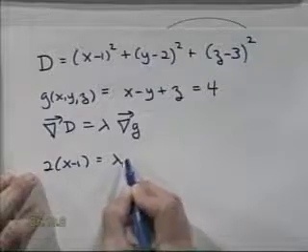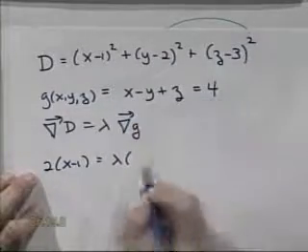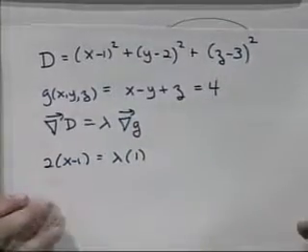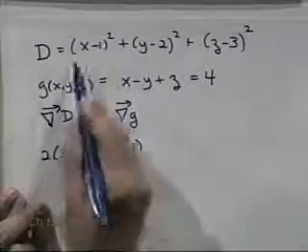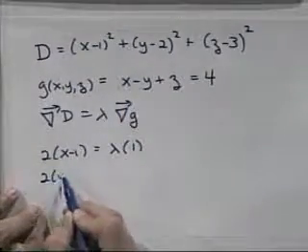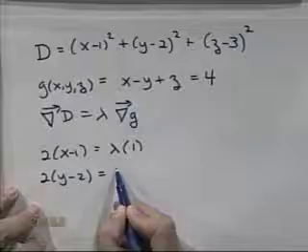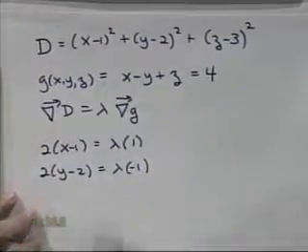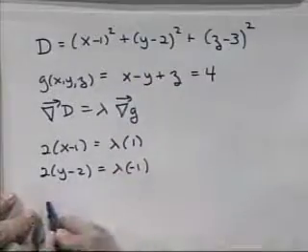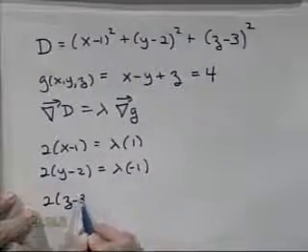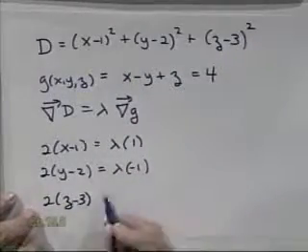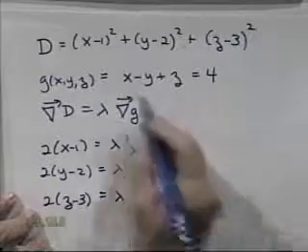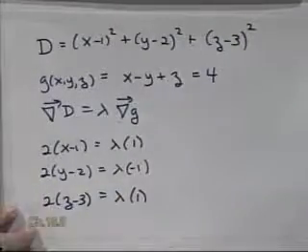That must equal lambda times the partial of g with respect to x, which is just 1. Partial with respect to y is 2 times y minus 2 equals lambda times the partial with respect to y, which is negative 1. Partial of D with respect to z is 2 times z minus 3 times the derivative inside, which is 1. That must equal lambda times the partial of g, which is 1.